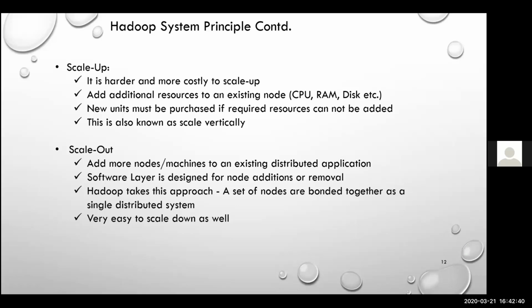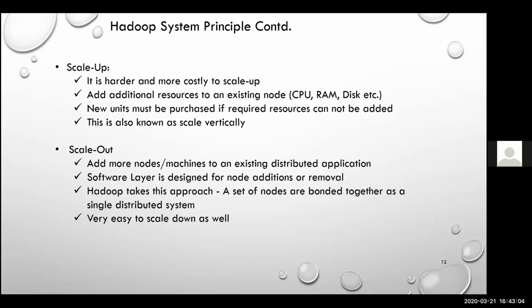So just the first one, scale up. What does it mean? For example, we have a solution, and in the solution we have, for example, 3 servers. In the 3 servers we are running, let's say, 2 Windows OS and 1 Linux, CentOS or Red Hat.